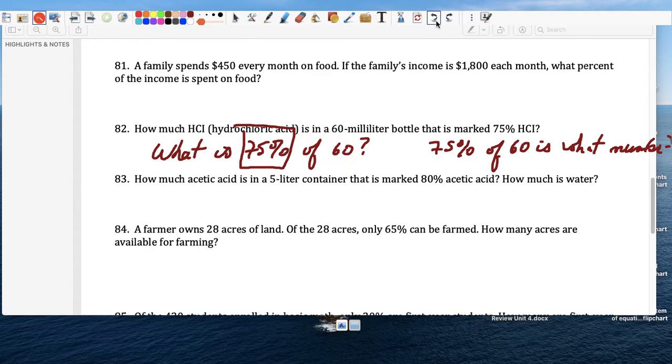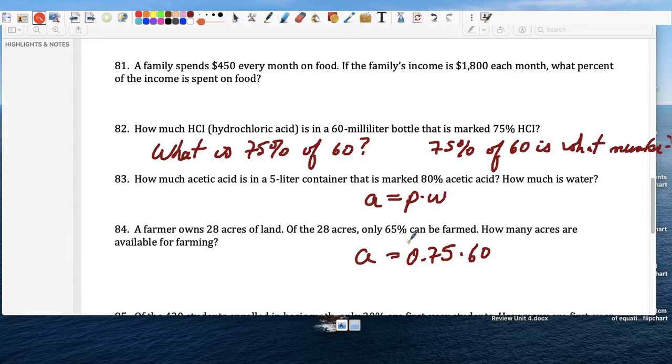So A equals PW. For the percent we want to write 0.75. So the percentage is 0.75. The whole bottle is 60 milliliters, and we want the part of it that's hydrochloric acid, because it's not the whole bottle that's hydrochloric acid.